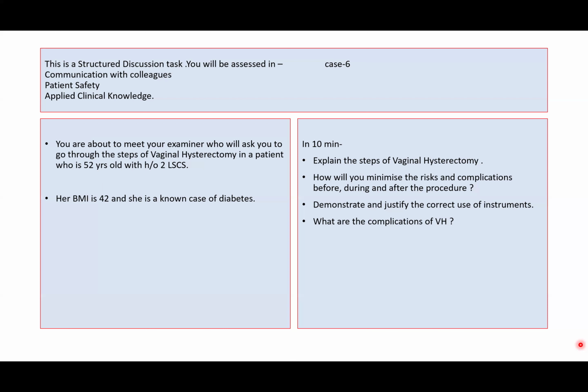Once the POD is opened, I'll try to identify the uterosacral ligaments by putting the fingers of my left hand, and under that guidance, I'll apply a straight hysterectomy clamp at right angle, taking the tissue of the uterosacral ligament and the cardinal ligament.